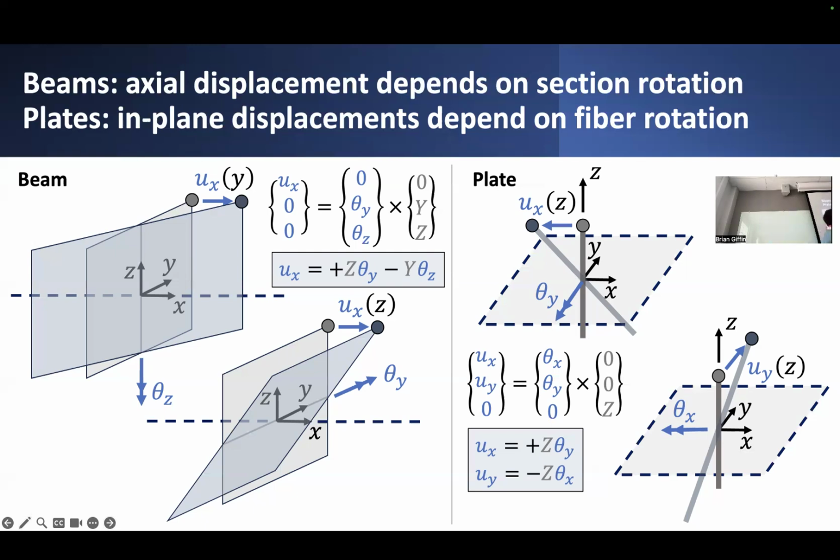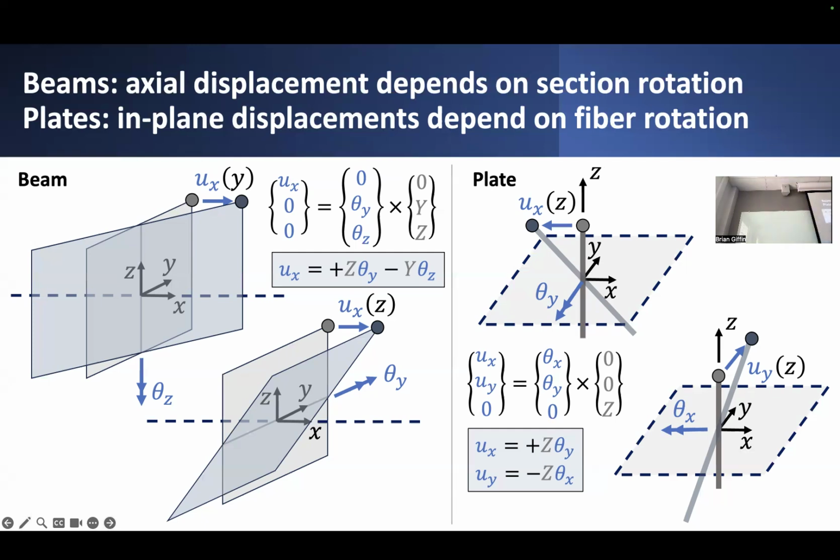If I were to work out exactly what this cross product looks like, multiplying through these terms, I get an explicit expression for what is the axial displacement of some point at any location on the cross section that varies as a function of both y and z, the transverse coordinates measured relative to the neutral axis of the beam. And it depends, again, on these different rotations about each of the transverse axes of the beam.